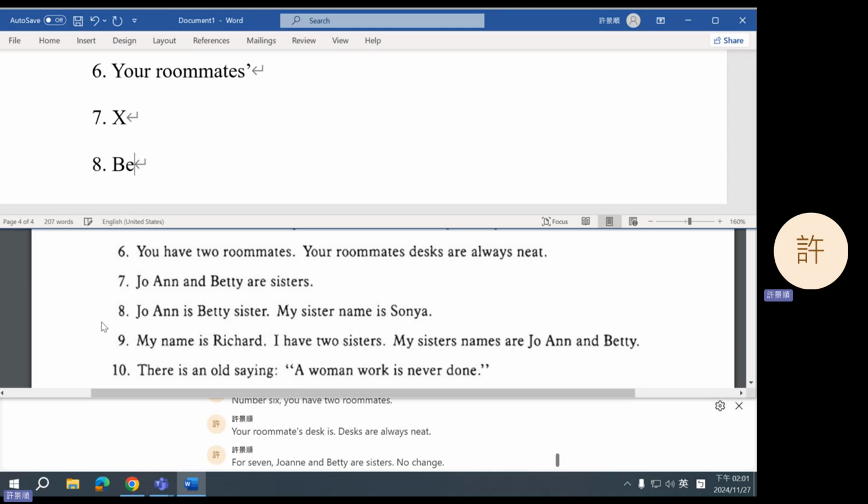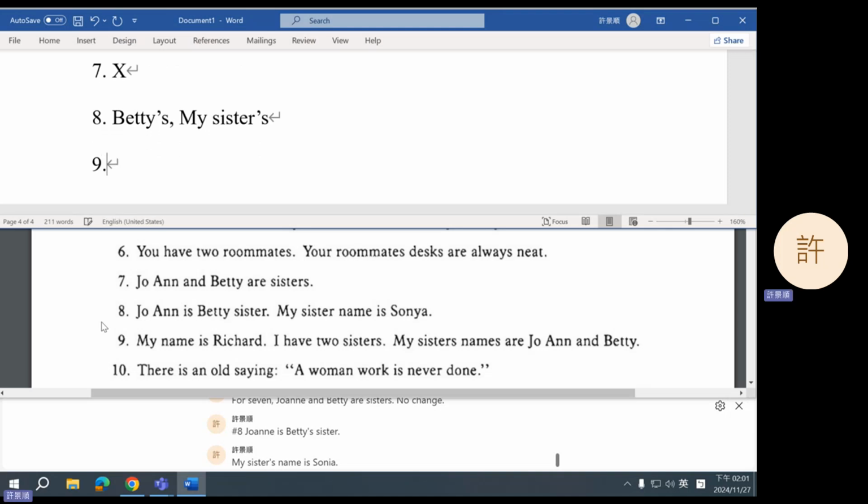Joanne is Betty's sister. My sister's name is Sonia. Number 9. My name is Richard. I have two sisters. My sisters' names are Joanne and Betty.